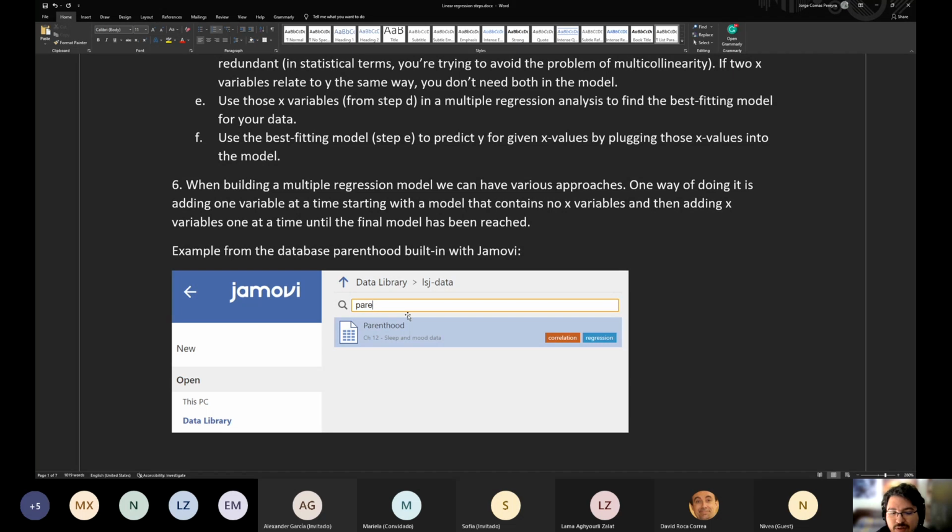So if you have questions, please ask. But if you don't, please go into the parenthood dataset and try to perform this analysis. Okay, I'm going to open it too, and I'm going to explain to you what the variables are. But I'm expecting you to do this by yourselves. All right. Now give me just 1 second.